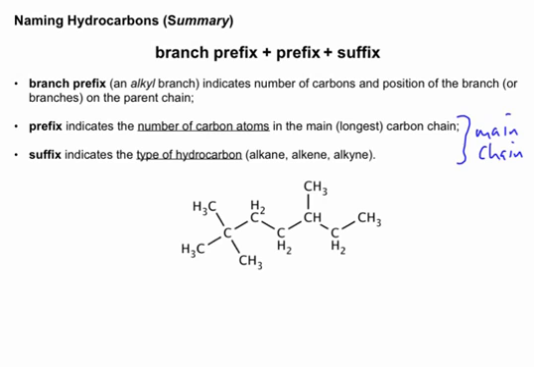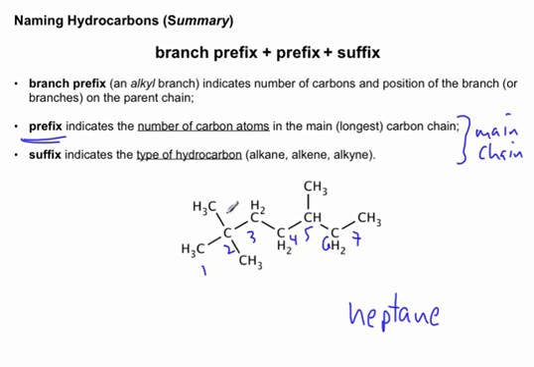So again, if we go back to this example we saw earlier, we can now put it all together. So identify the longest continuous chain, because that's going to give you the prefix. So the longest continuous chain, 1, 2, 3, 4, 5, 6, 7. So that's a 7-carbon chain. So that's a hept. It's all carbon-carbon single bonding in that chain, so it's heptane.